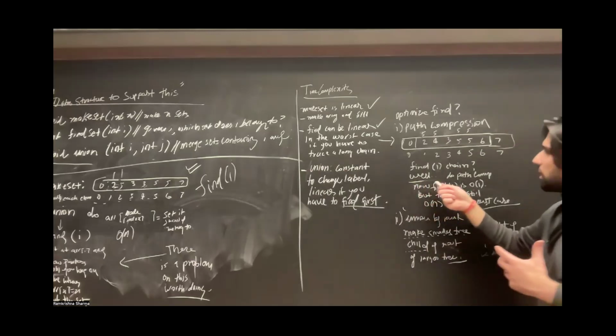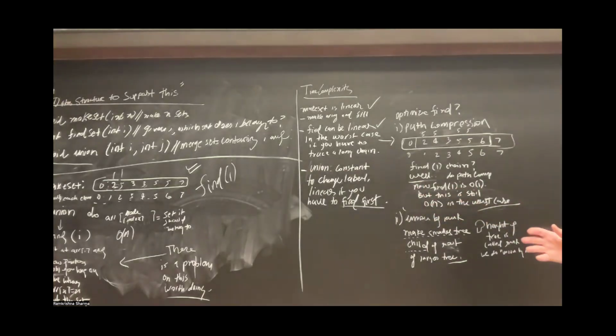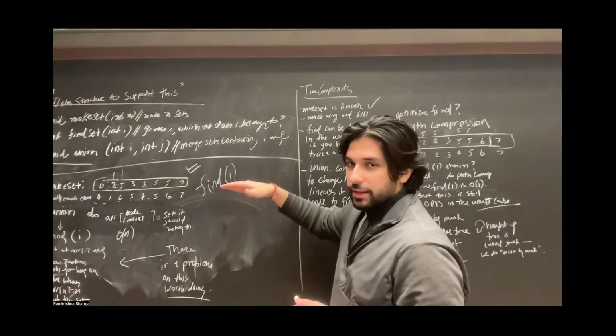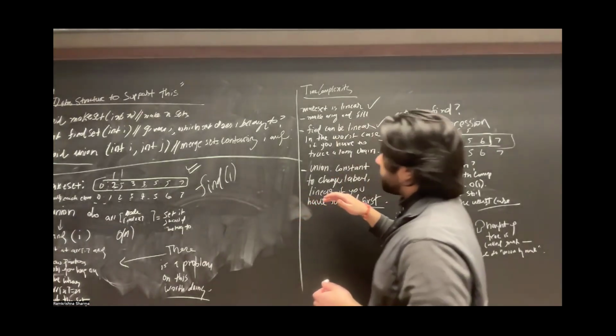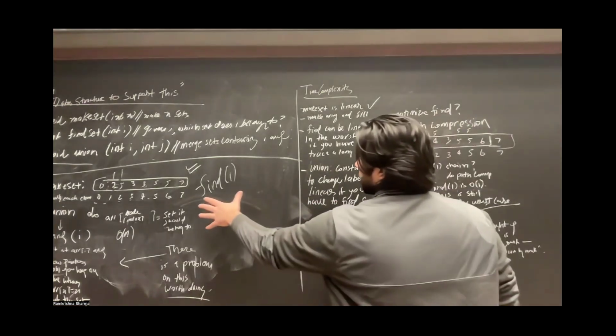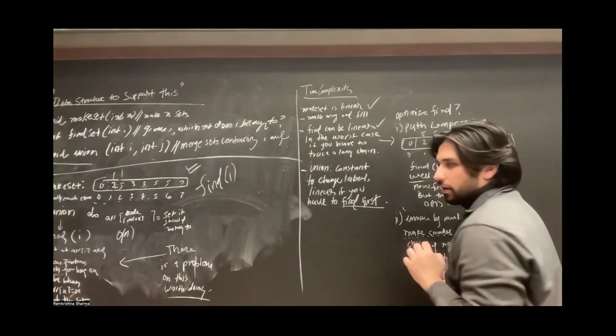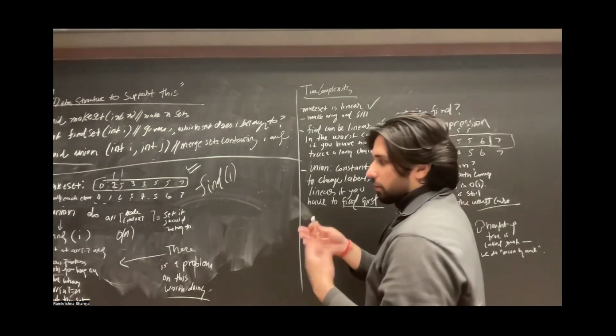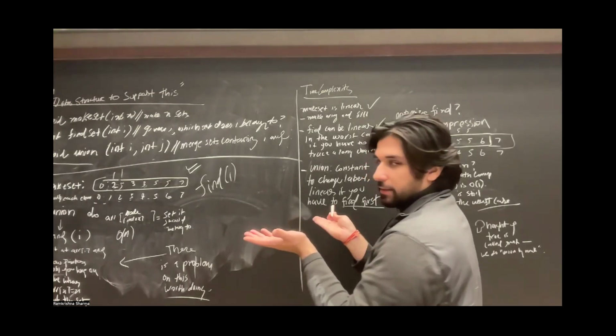But ultimately, you might have to find the element first in order to make that change. And we know find in the worst case is order of V, and therefore, in the worst case, union has an order of n, or in this case, the equivalent is order of V because V encapsulates how many nodes we have.